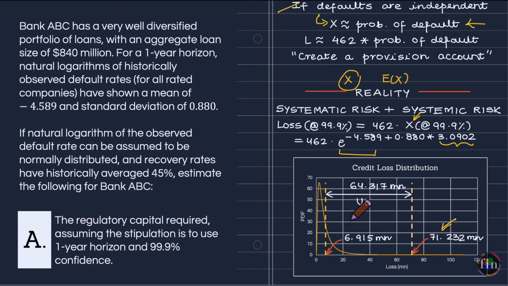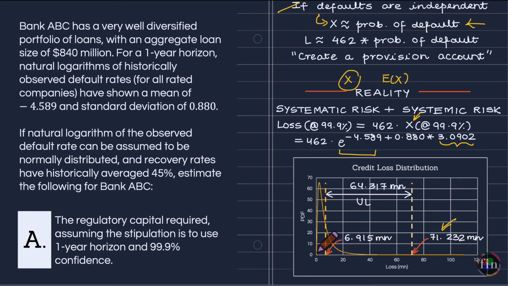Okay, now please note that since the expected loss is kind of predictable, is kind of part and parcel of a lending business, I am assuming that there is a provision account already set up for this purpose, an account which has been filled by charging this amount to your borrowers as part of interest rates, as a spread over interest rates.